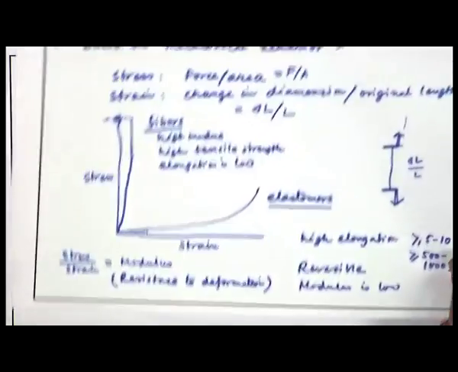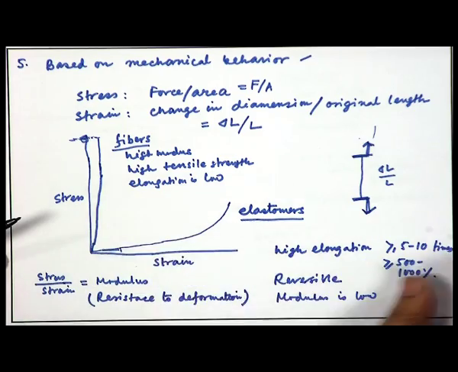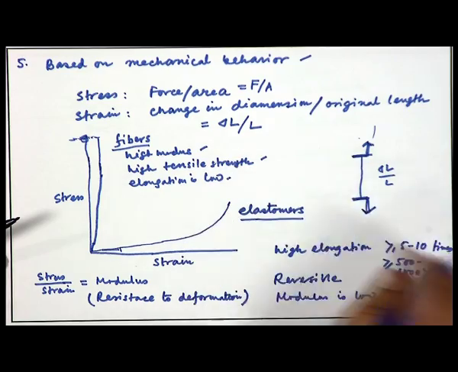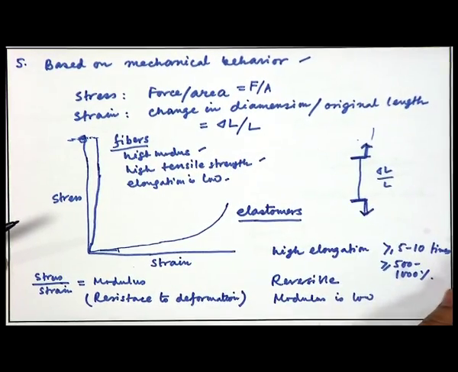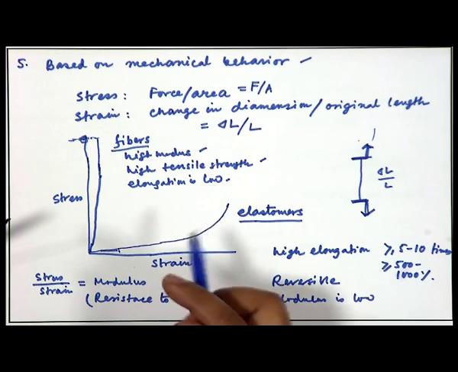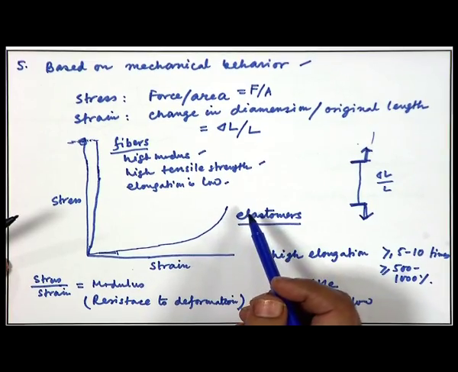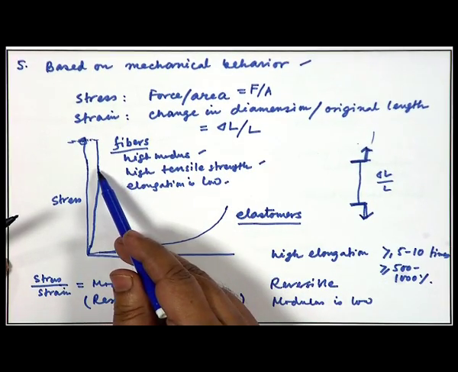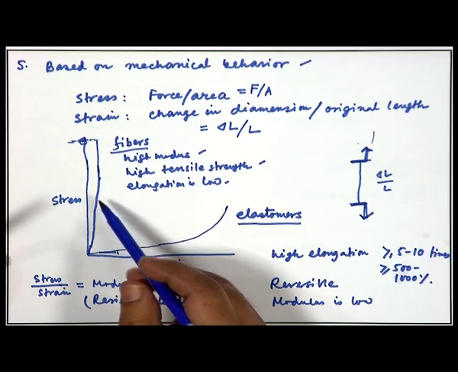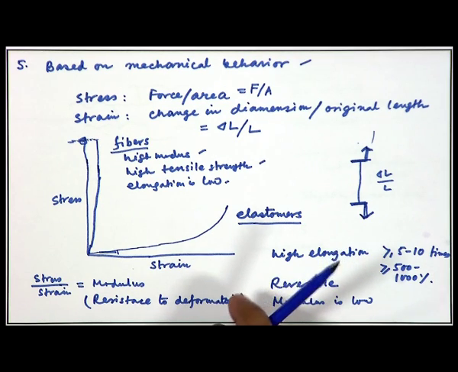In the second case we talked about fiber, which has high modulus, high tensile strength, and low elongation, and that happens because it has very strong intermolecular forces between the polymer molecules. So, in the elastomer case it was very weak intermolecular forces, and in this case the intermolecular attractive forces between the chains are very high.